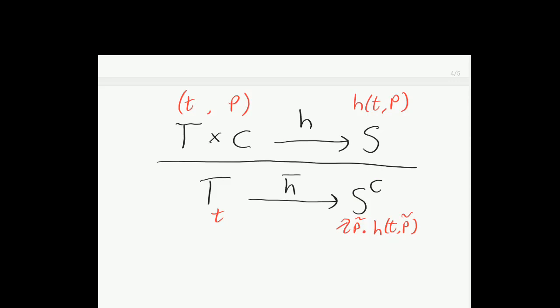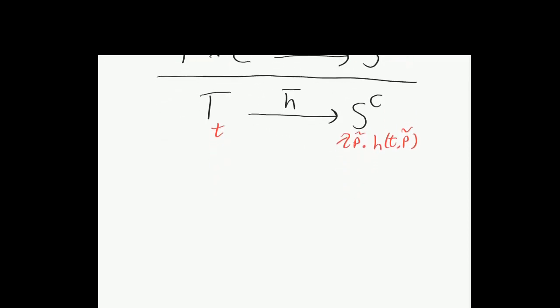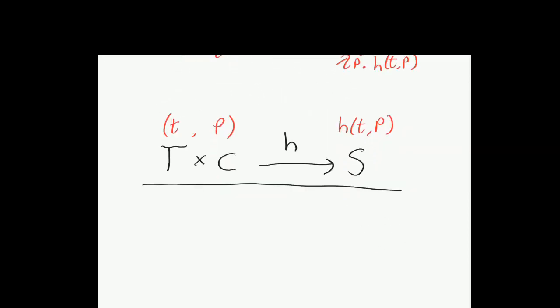But there's actually much more to this interesting situation, because there's another way of looking at things. So if we start with this situation again, where we have this function h, there's another way that we can visualize what's going on. And that's basically just that we switch the order of the inputs.